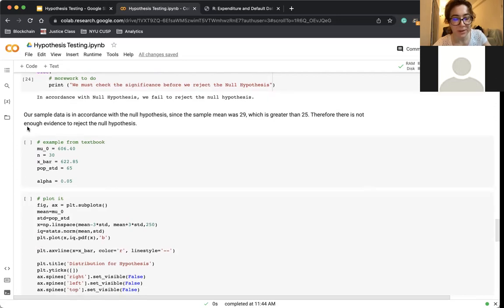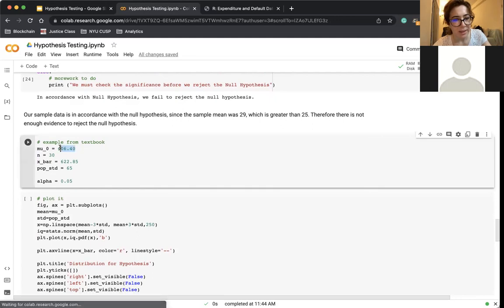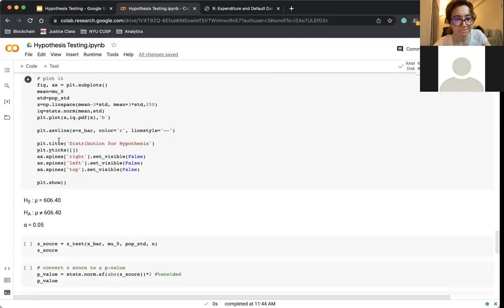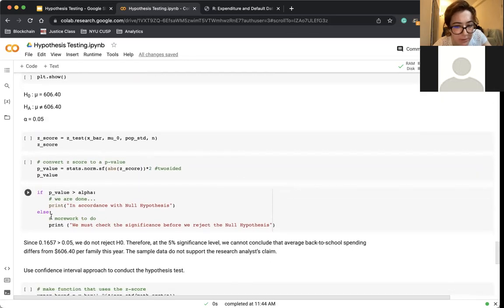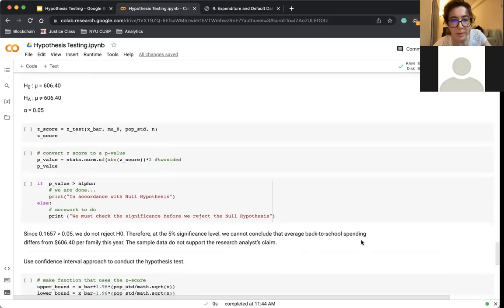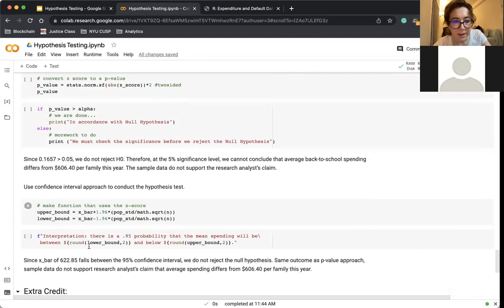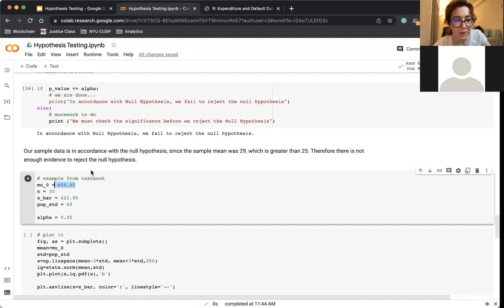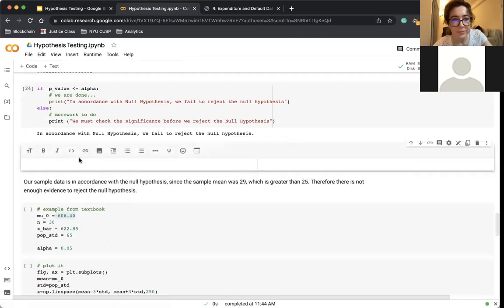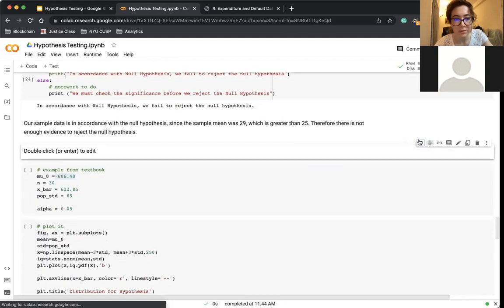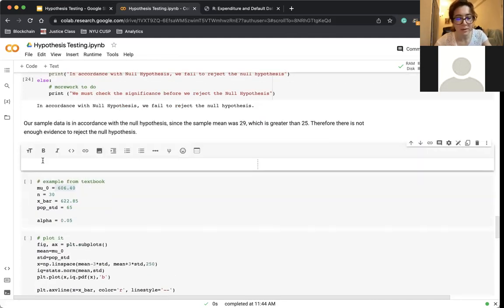Okay, so let's walk through another example from the textbook. I think this is from one of the values we went through. This is something with back to school spending. I didn't list exactly which example this was from, so I will do that after class to make sure we have it from the textbook, just so you can reference it when I say example from textbook.